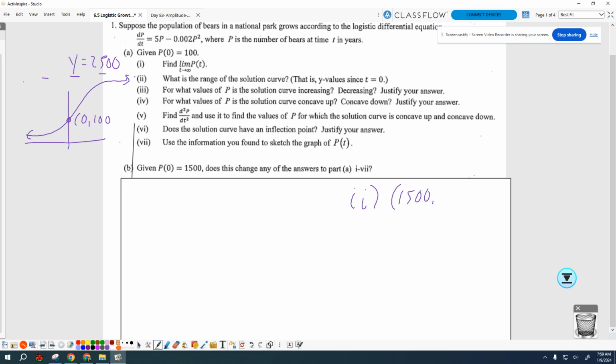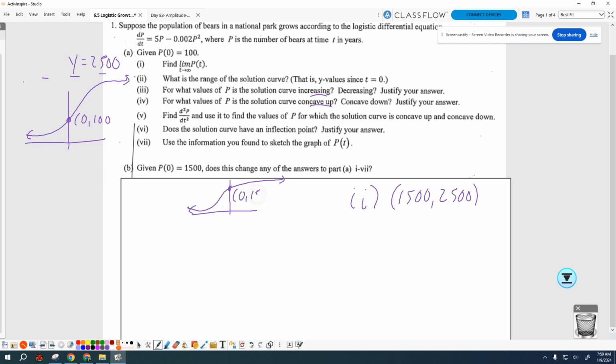The solution range does, because the way the person that wrote the worksheet is thinking, I had 1,500 when I started, and it's only going up from there. Where is it increasing still forever? Where is it concave up? In this solution range, it isn't, because we're already past the inflection point. So this one, the solution curve looks like this.